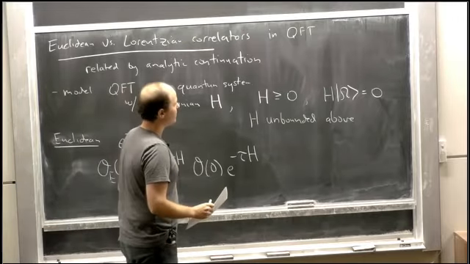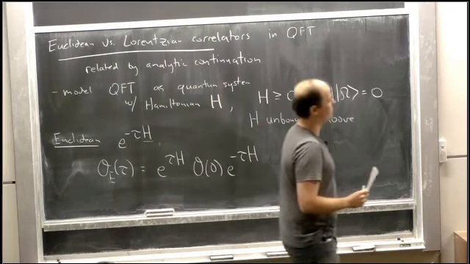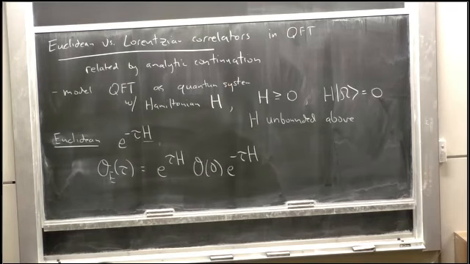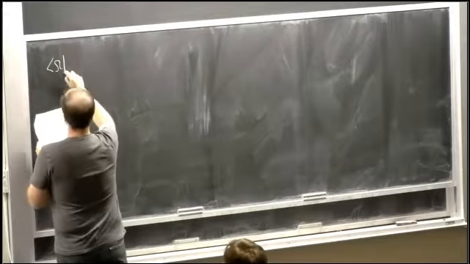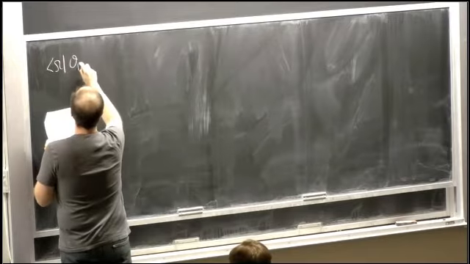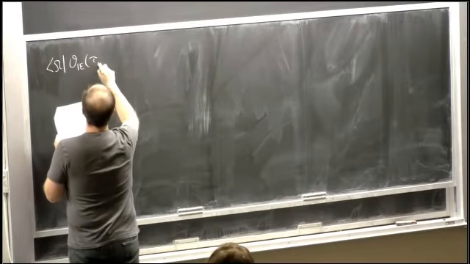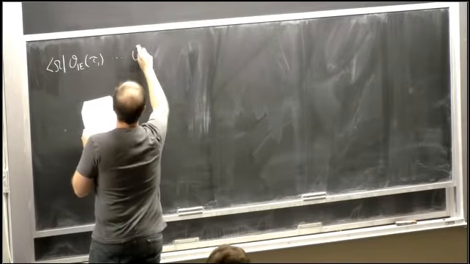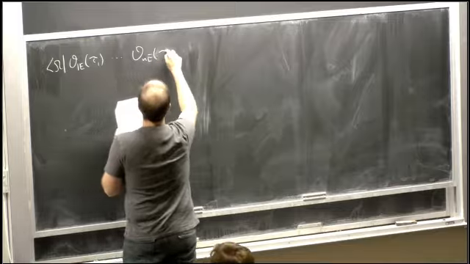These are Heisenberg picture operators in Euclidean signature, and we can compute correlation functions of these operators. An example would be a vacuum expectation value, O1 Euclidean of tau 1, through On Euclidean of tau n.